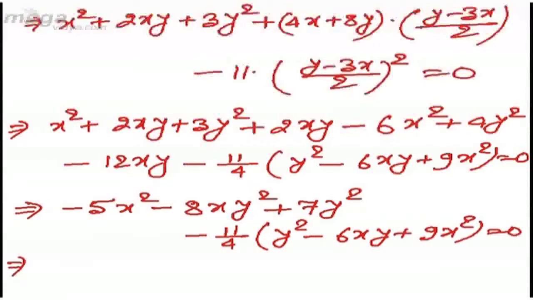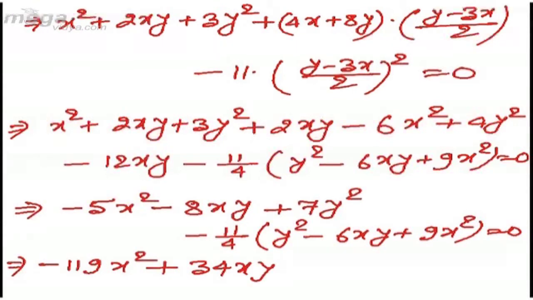So it becomes now minus 119x square plus 34xy minus 71y square is equal to 0.